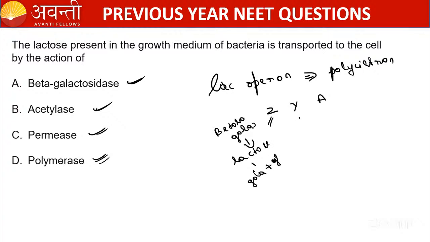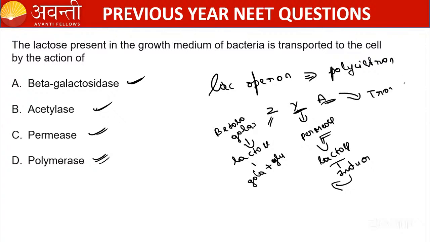What is the permease enzyme? The permease enzyme is going to transport the lactose, because lactose acts as an inducer. So that's why it has to be transported from the media into the cell by the permease enzyme. Then coming to A, transacetylase.